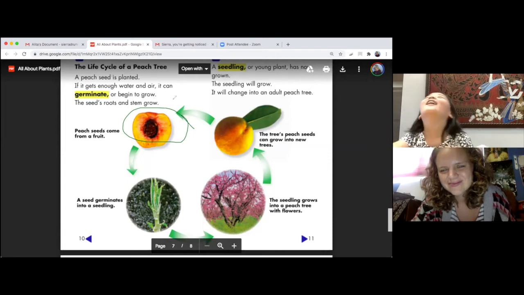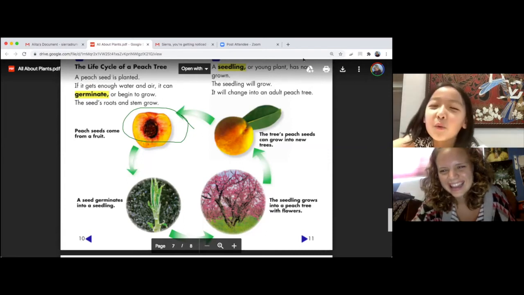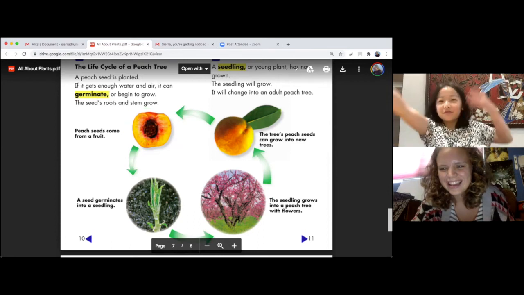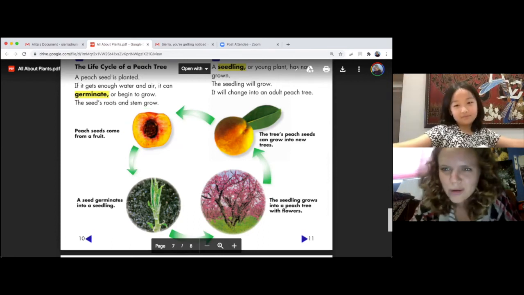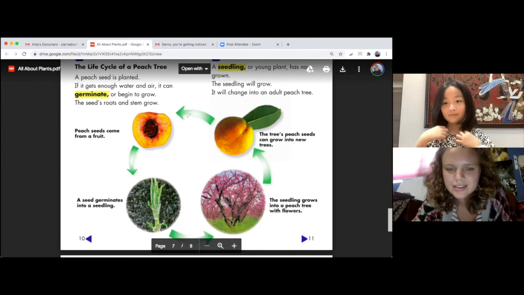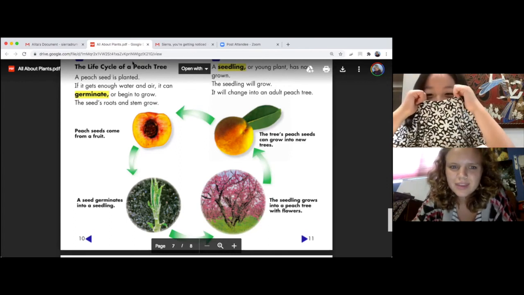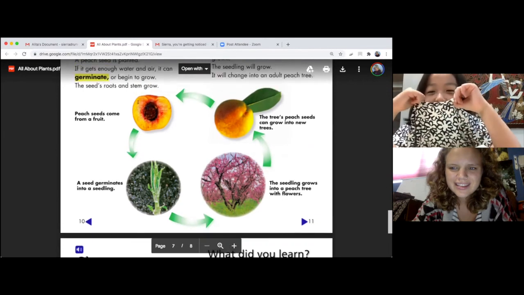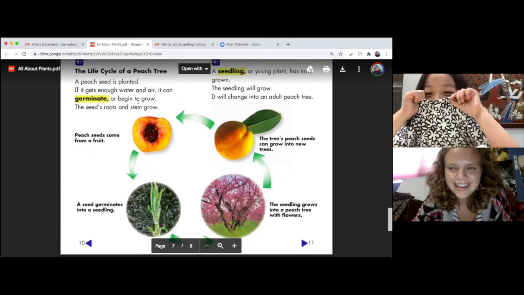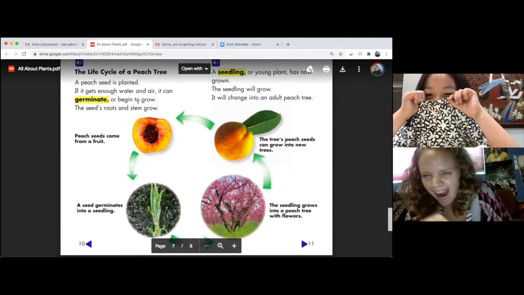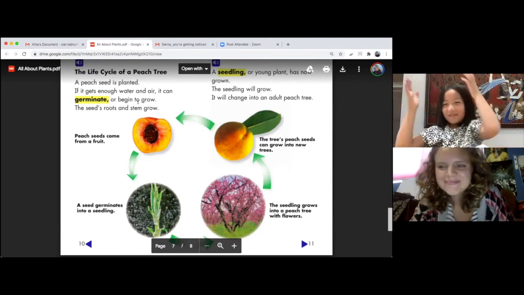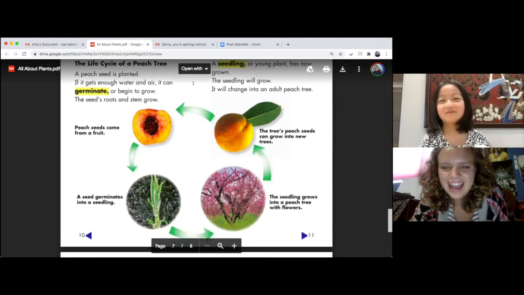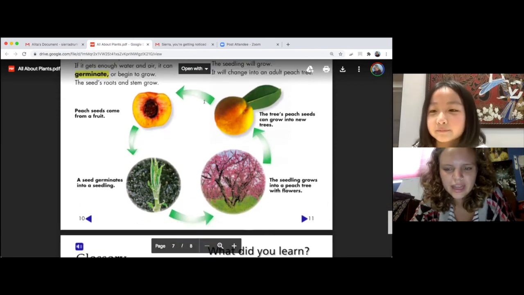Oh, a life cycle is so boring and so confusing. I think it's so cool. It's almost like magic. But look, like this one. The life cycle starts here, here, here. And you say, who's the one? I don't know. It's kind of crazy, but it's really cool, I think.